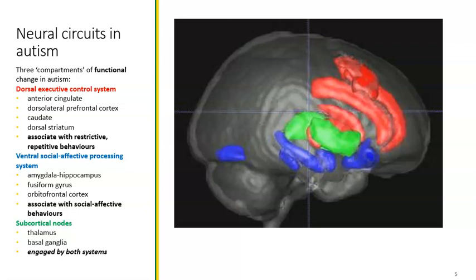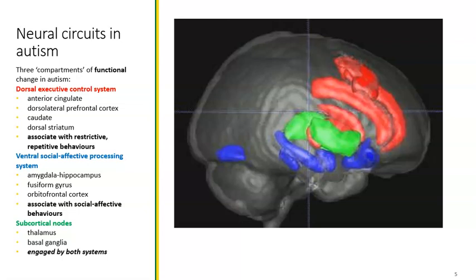Starting with the red, the dorsal executive control system includes the anterior cingulate, dorsolateral prefrontal cortex, the caudate nucleus, and the dorsal striatum. All of these areas are associated with restrictive, repetitive behaviors, which again, remember we talked about with the symptoms of ASD.